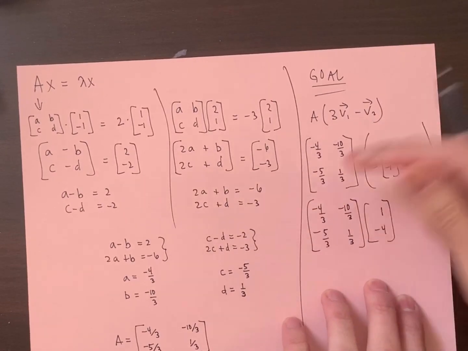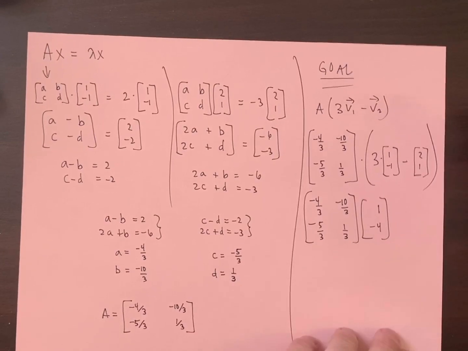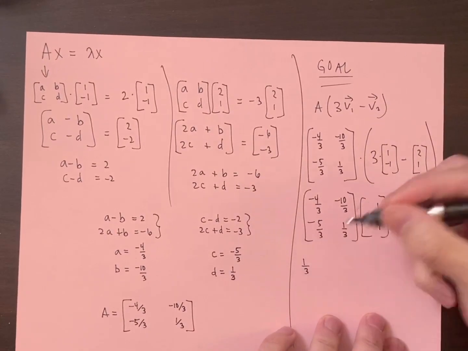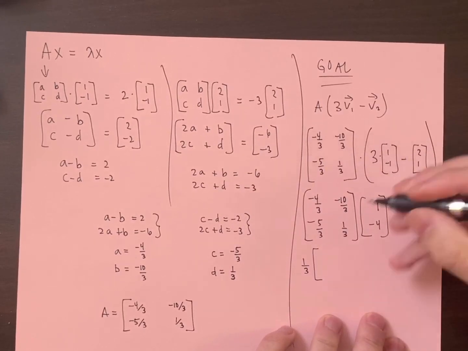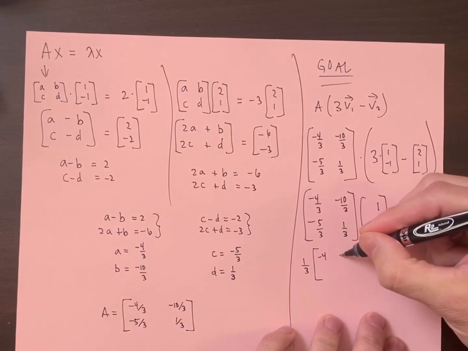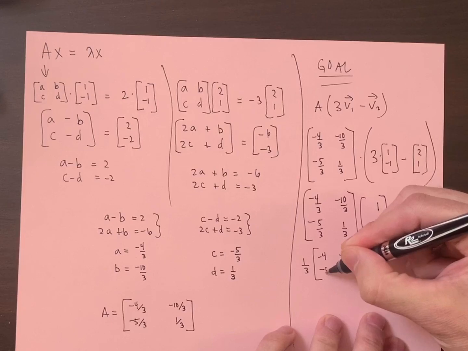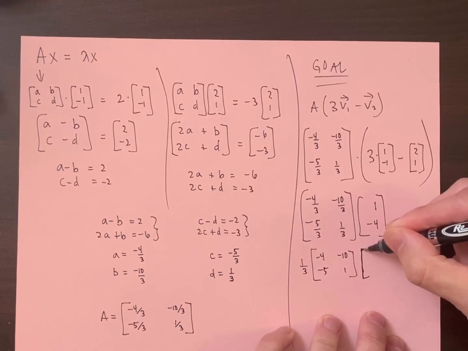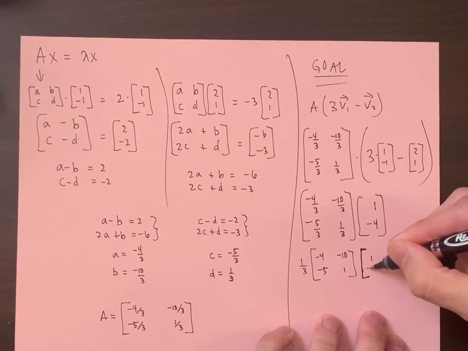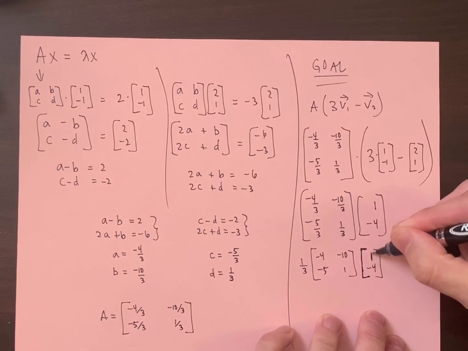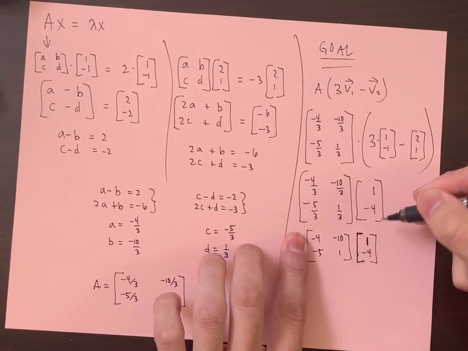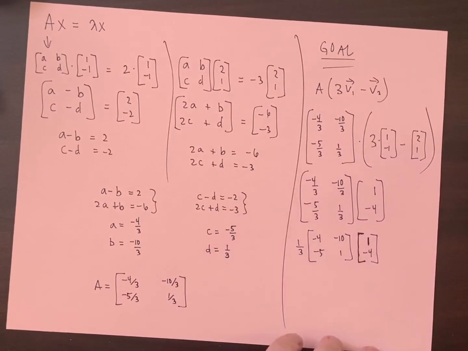And now just multiply this out. You know what you can actually do? I don't even think about this, but what you can do is you can take out a scalar of 1/3. And if you do that, you have -4, -10, -5, and 1. Do you have to do this? Of course not. But it makes the calculation process a little less unpleasant. So now if you multiply these and you distribute the 1/3, let's see what we get.